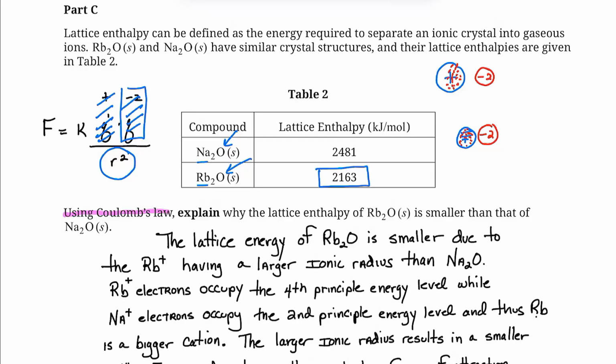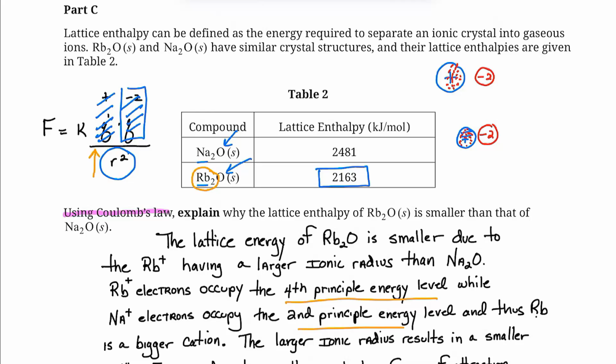And if you don't follow any of that, use the formula, right? The formula states that if the radius is larger, and you should know the radius is going to be bigger for rubidium, its electrons in rubidium plus occupy the fourth principal energy level, right? That's the fourth row, while sodium ions have electrons that occupy the second. And I'm saying second because it lost its valence electron, and I'm saying the same thing for rubidium.